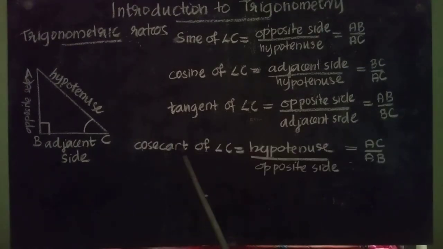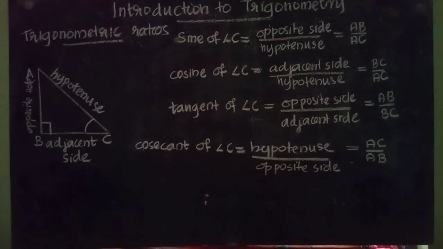Next, cosecant of angle C. That is equal to hypotenuse by opposite side, that is equal to AC by AB. So, cosecant of angle C is the ratio between hypotenuse and opposite side.